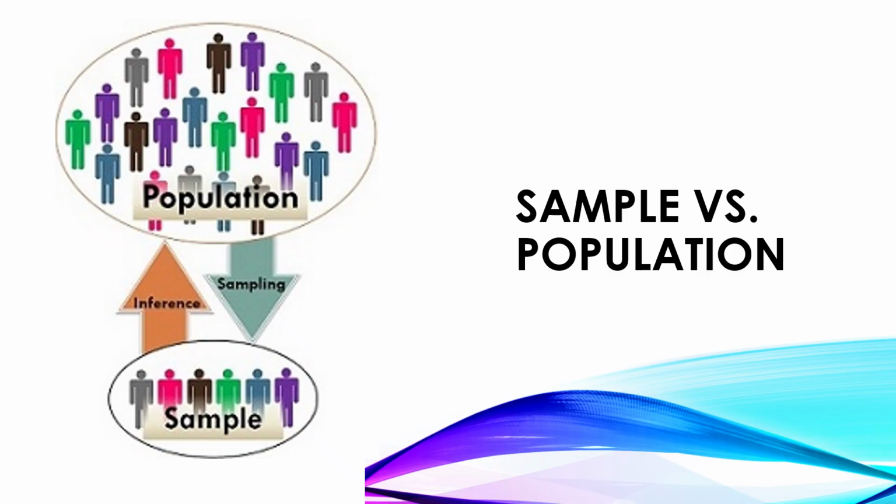Now, using your sample, you are going to calculate the data from the sample and then infer or predict what will be the result if you are going to do it to the entire population. So you don't need to collect the entire population data in order to get a conclusion. You just need a sample and use the appropriate statistical tool.